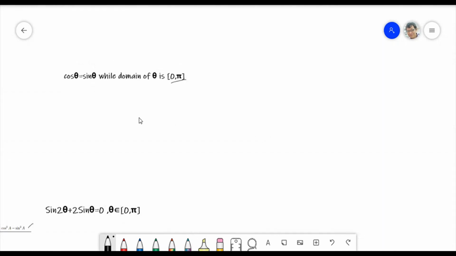Let's see this one. Cosine theta equals sine theta, with domain 0 to pi. Let's recall when this condition will happen. The terminal line should pass through the center.